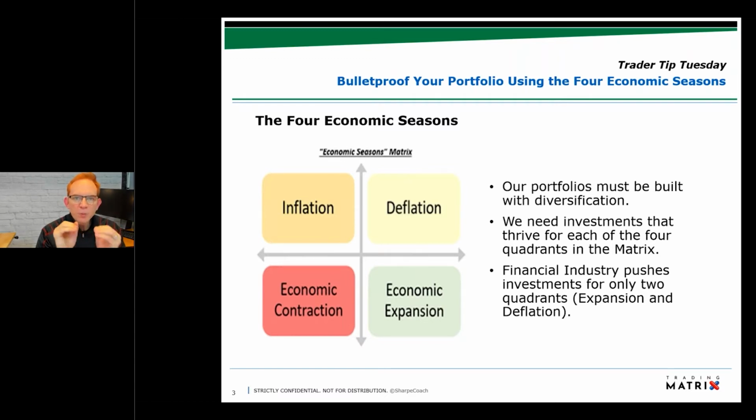So they push products in just 2 of the seasons, deflation and growth, just like we talked about. They don't have incentive to put you in these other seasons. This is why you need to control your own portfolio. You need to control your own money and understand that you need diversification.